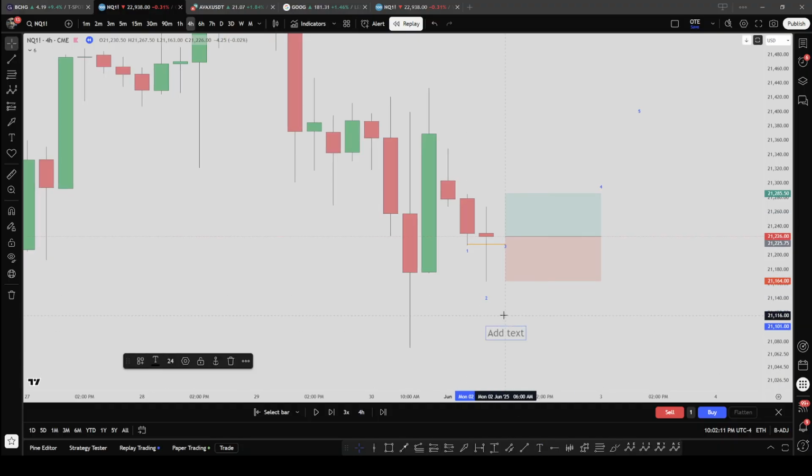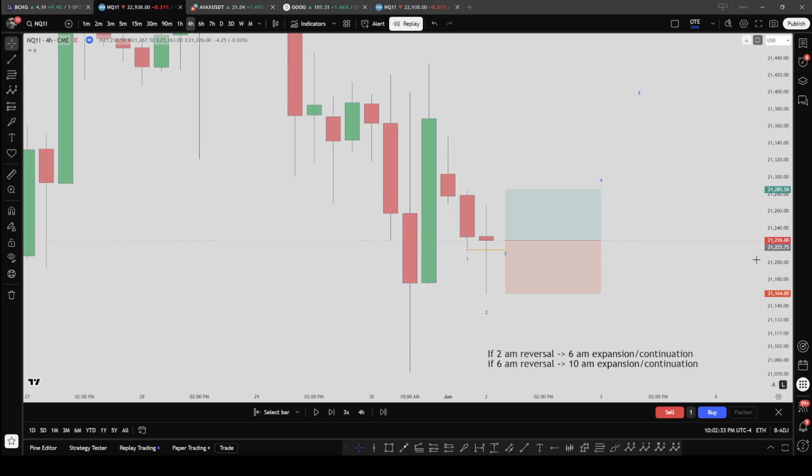So we can say if 2 a.m. reversal, 6 a.m. expansion / continuation. And it's the same thing. If 6 a.m. reversal, 10 a.m. expansion / continuation. All right, so this is the framework.